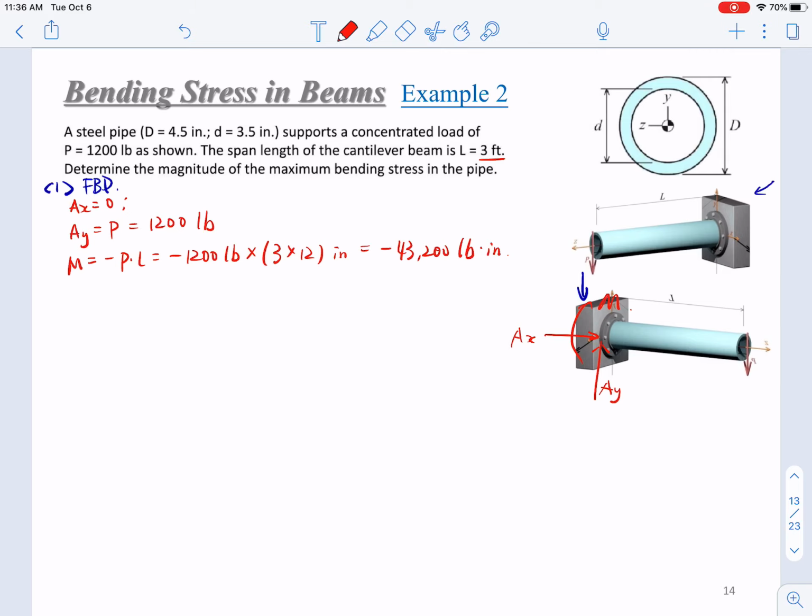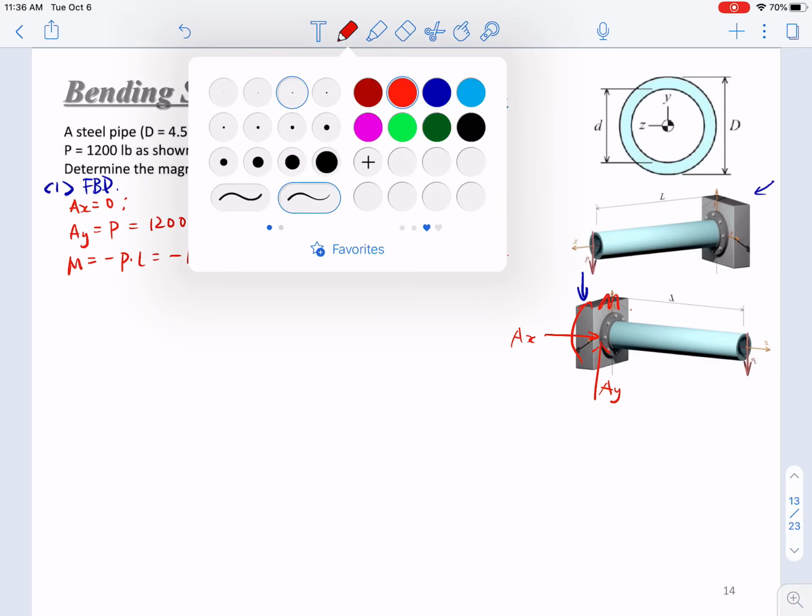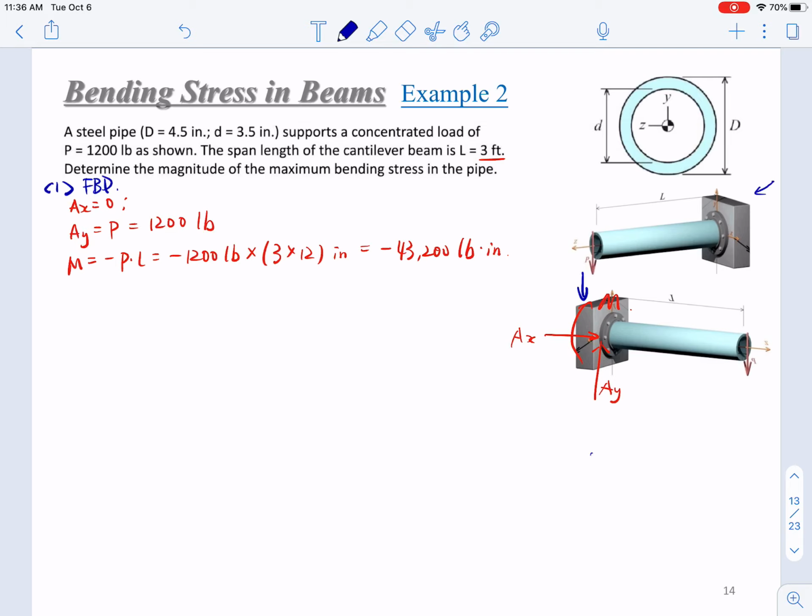Then the V diagram, again, will be exactly the same as example 1. The V diagram is here. It's a constant shear force of 1,200 pounds.